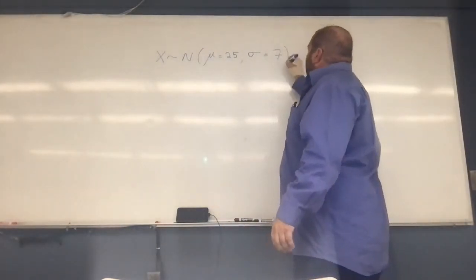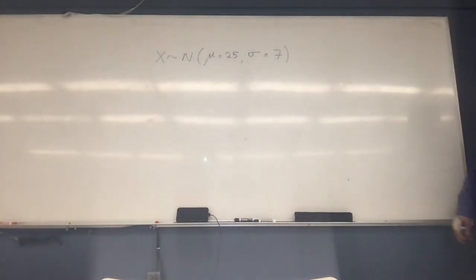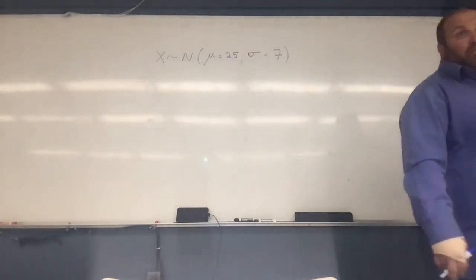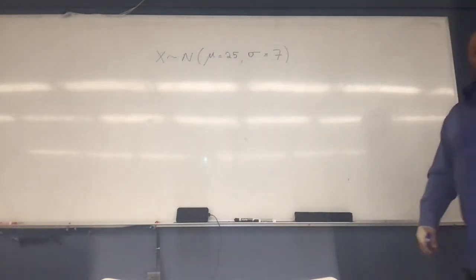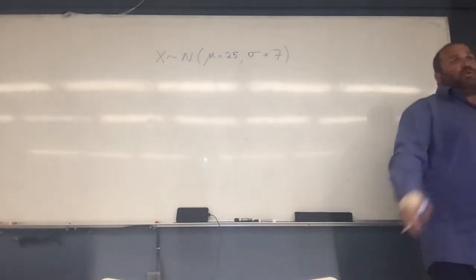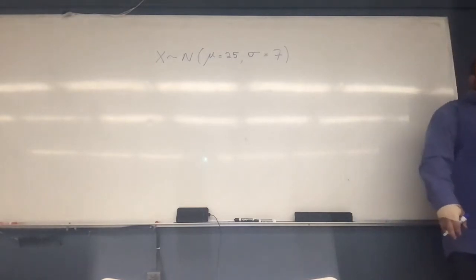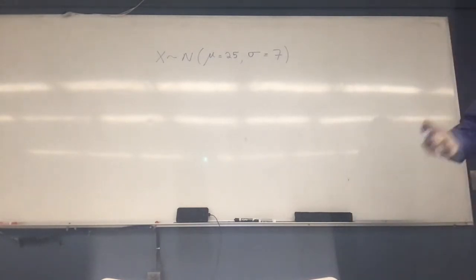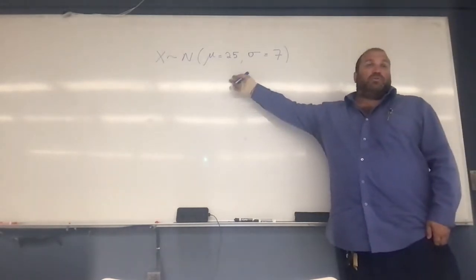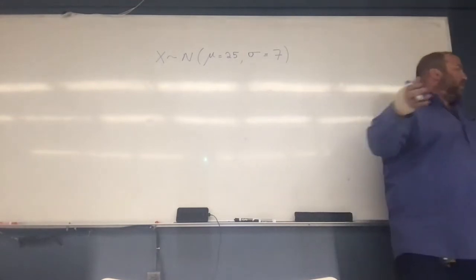So whatever this thing is, it follows a normal distribution whose center is at 25 and whose sigma is 7. So just a quick question before I even read their question. How many of my data points would I expect to appear between 18 and 32? 68%, because 18 is one sigma down, 32 is one standard deviation up. And we know that 68% of the data.